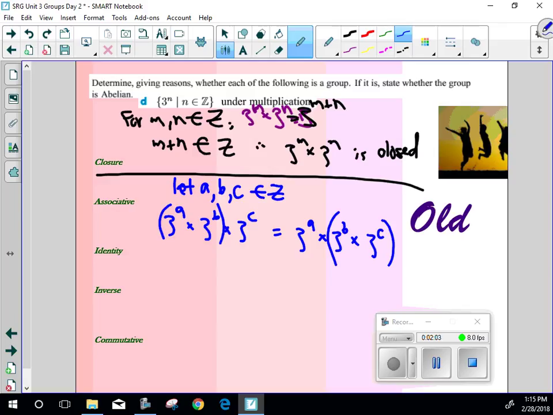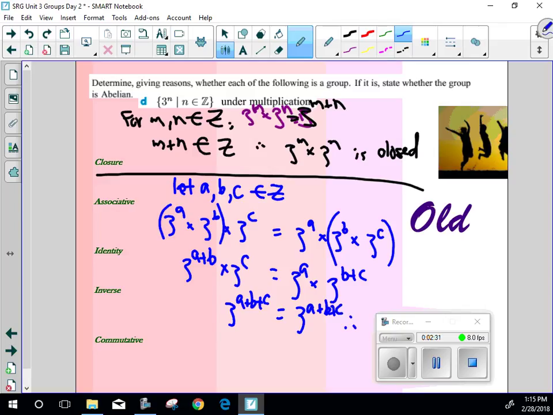Well, what is 3 to the a times 3 to the b? What's the way to show that? A plus b. Good. Times 3 to the c. And then this will be 3 to the a times 3 to the b plus c. Good. So this we can also combine into 3 to the a plus b plus c, and we're going to have 3 to the a plus b plus c here.